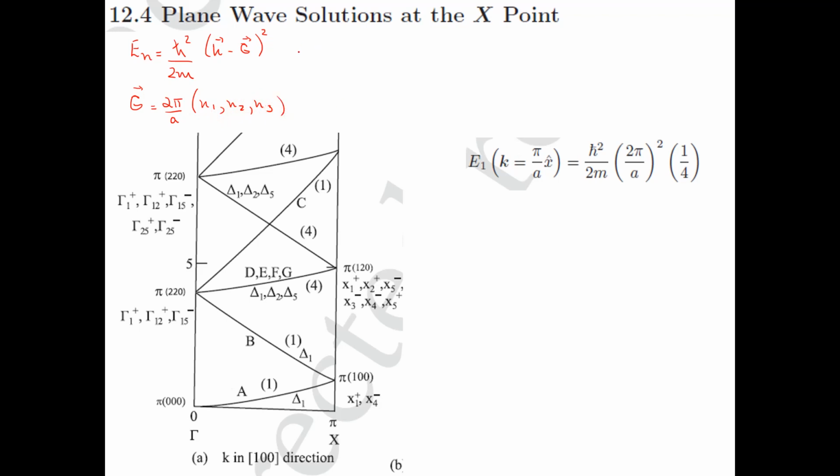And since we are dealing here with the X point, the X point for the simple cubic lattice is simply pi over a (1, 0, 0), right?